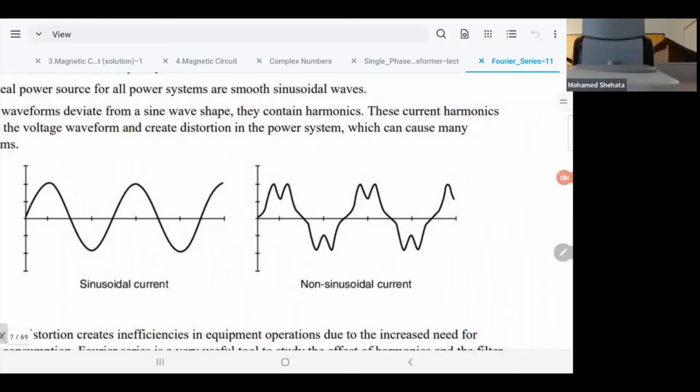The problem is that the power is polluted. If one company or industry has some kind of machinery that pollutes the power, the shape of the voltage will go to the neighbor that has clean equipment, and will affect it.